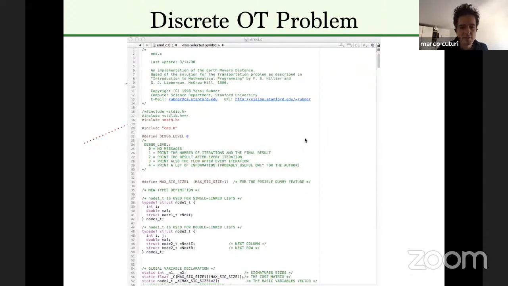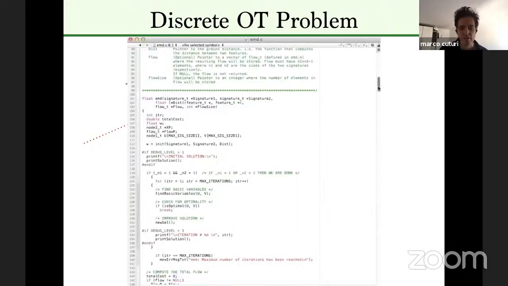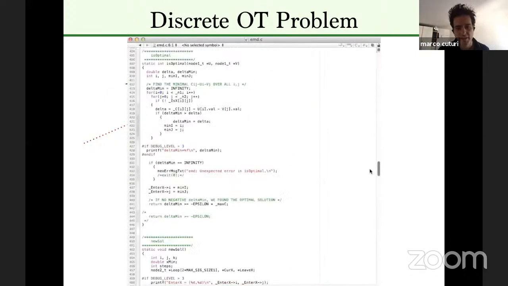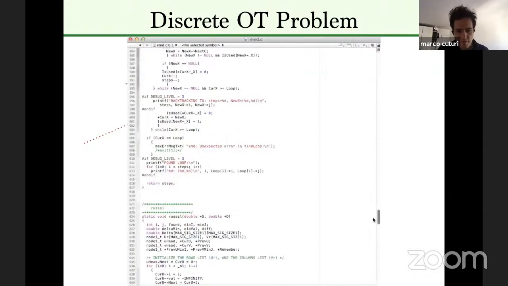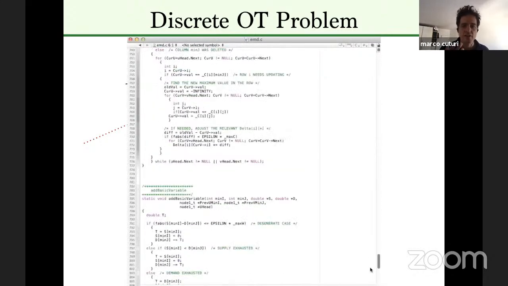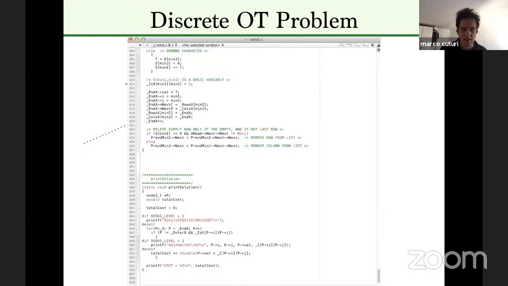This was one of the first implementations of the Earth mover's distance that impacted computer vision. Here I'm just showing that this is actually not a simple algorithm. It's a few hundred lines, and this is arguably a very lightweight implementation. Implementations that are actually being used right now are typically a few thousand more lines, so that they can take advantage of some speedups.